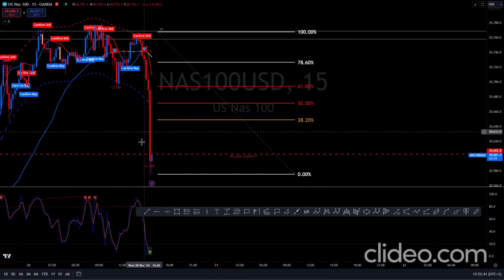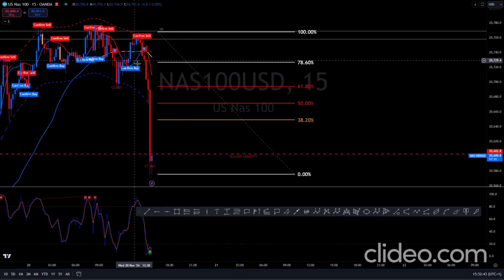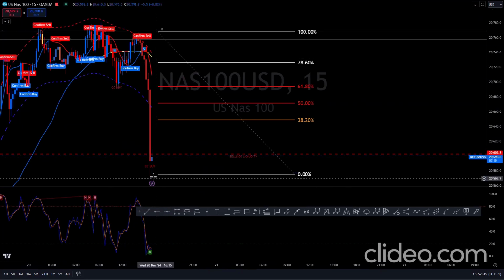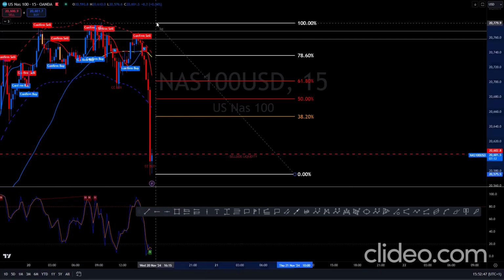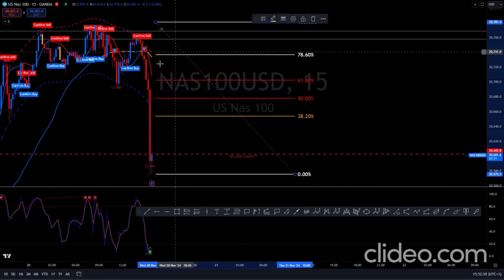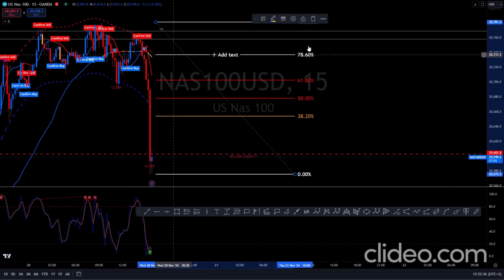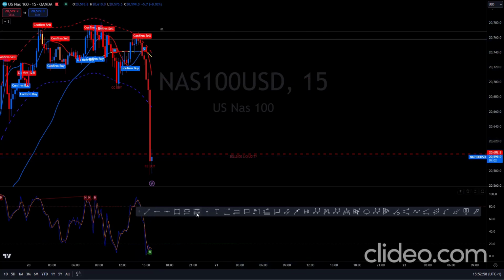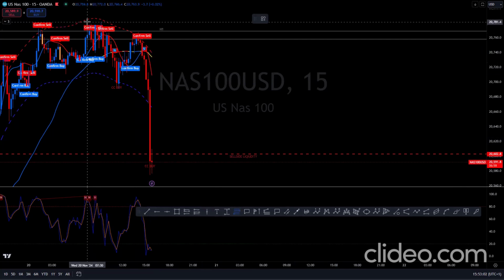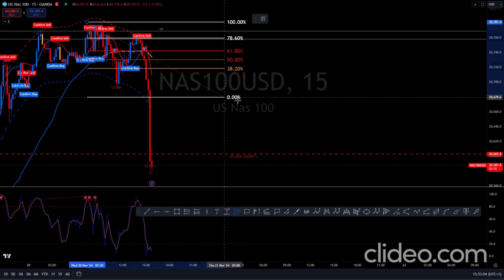So when you look at the Fibonacci, price just instantly drops. I might actually take it up to this high. So price actually came back a little bit above the 3680. Let me see if I can actually draw this way, this high to this low.